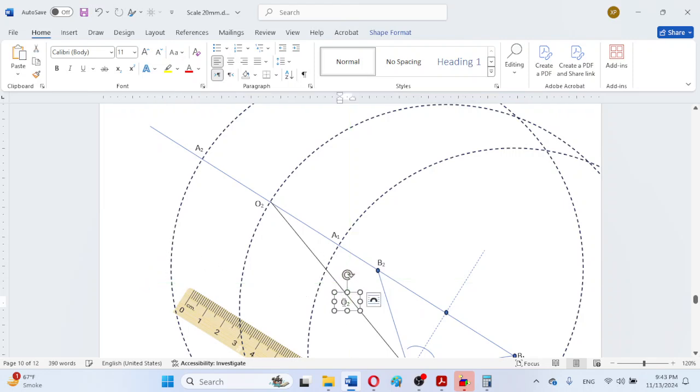This is actually just, you can type it, this is small d.